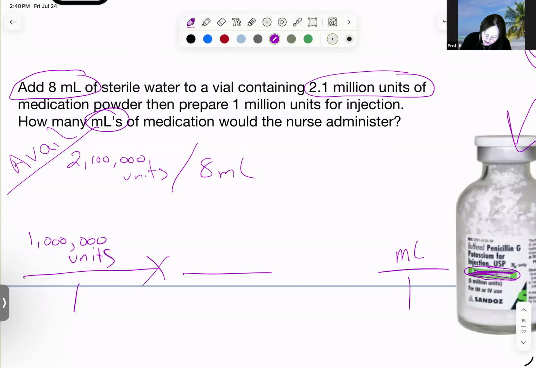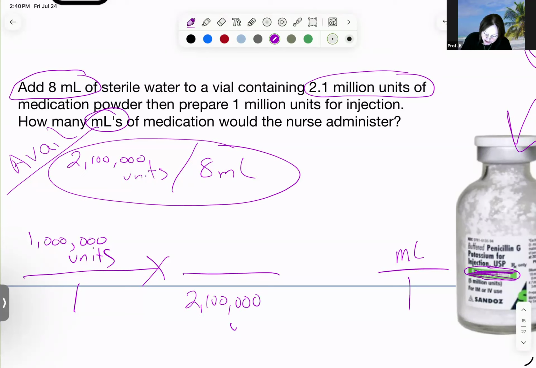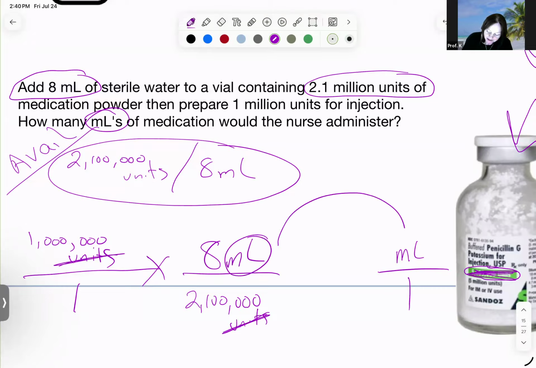So now I have to get a process of elimination like we've been doing, right? So I'm going to use what I made. 2.1 million units in 8 milliliters. That crosses off my units and it leaves me with milliliters. So now for those of you who are comfortable with fractions, you can remove some zeros.